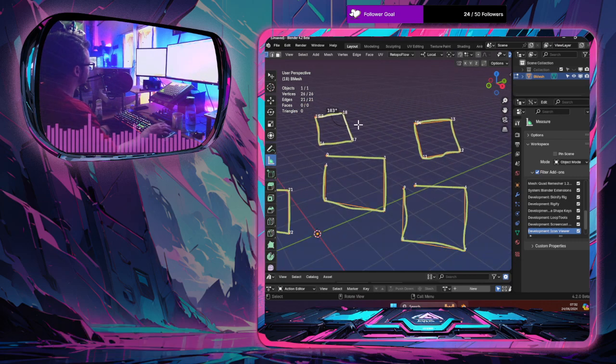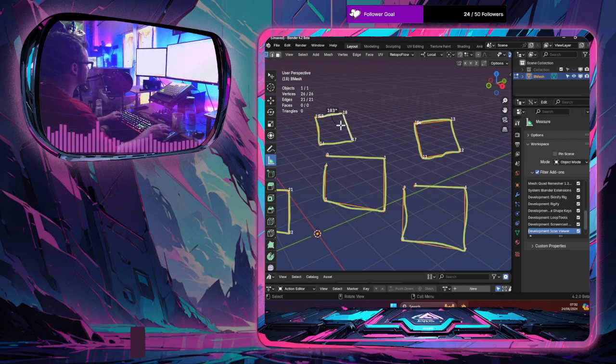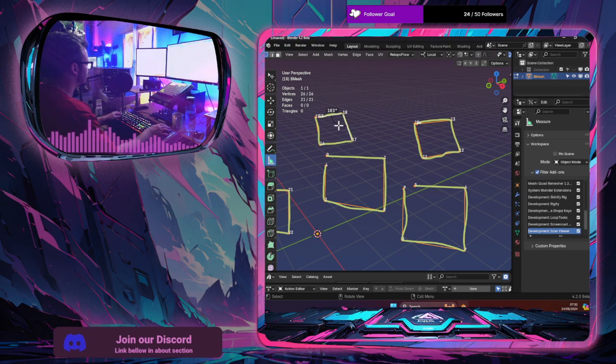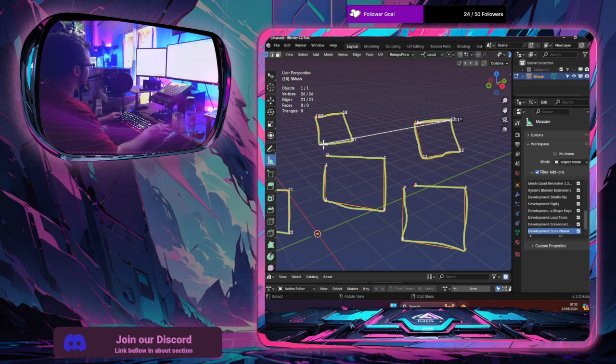Oh, it's not under 100, so it doesn't detect an angle change. It's 103. This one is under 100. Yeah, sure. Maybe I should tighten up the threshold. And that's 104.